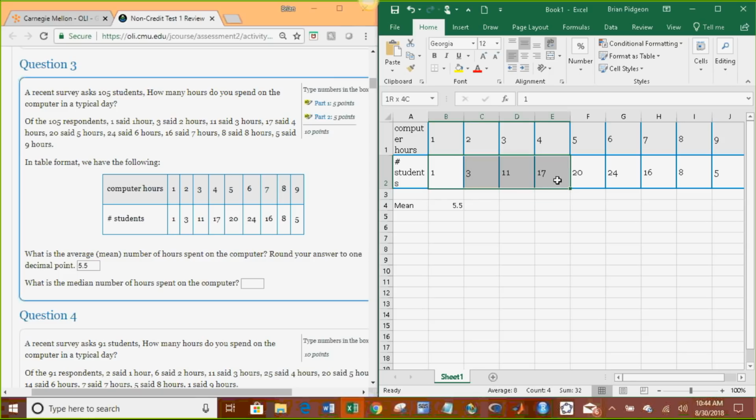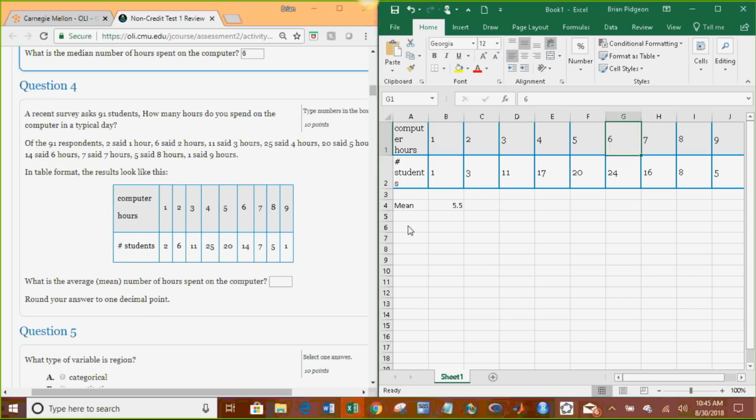Up to computer hour 4, we have 32 observations. And then up until 5, we have 52 observations. But we need the 53rd observation. So that tells us the 53rd observation is going to be in computer hour number 6. And that is going to be our median.